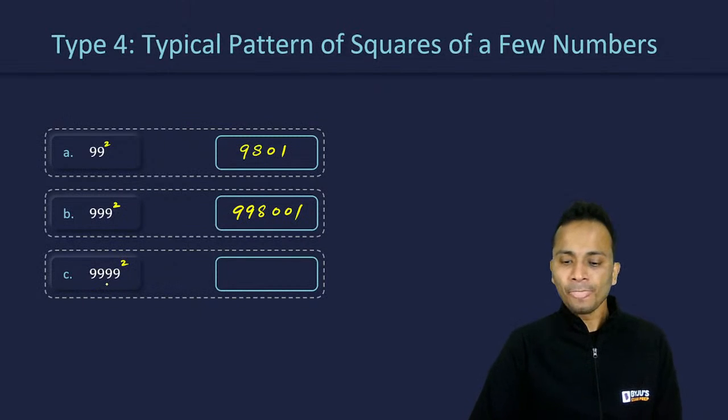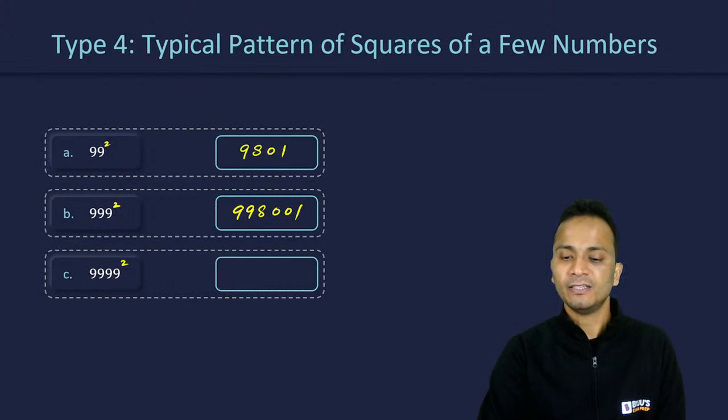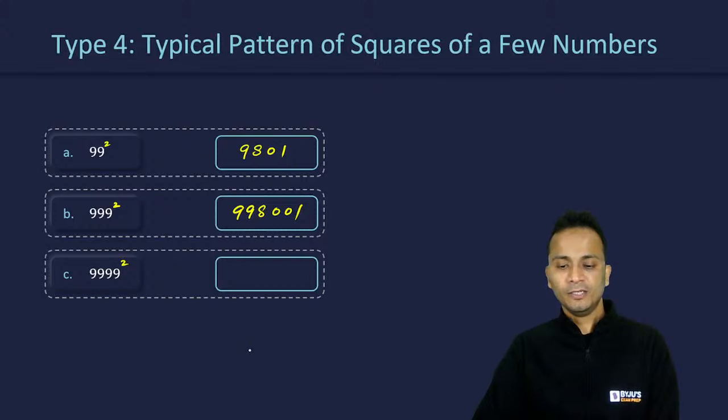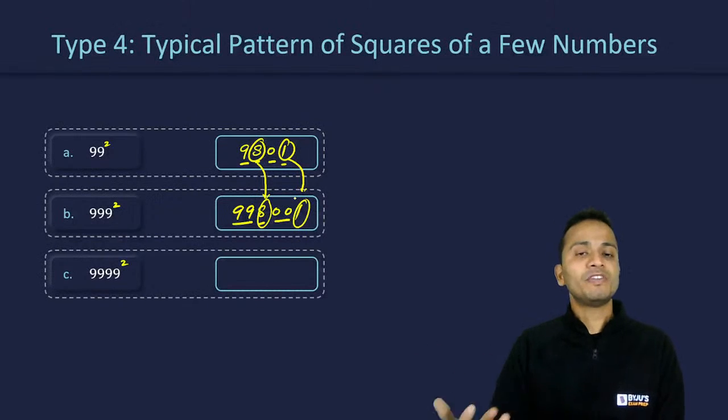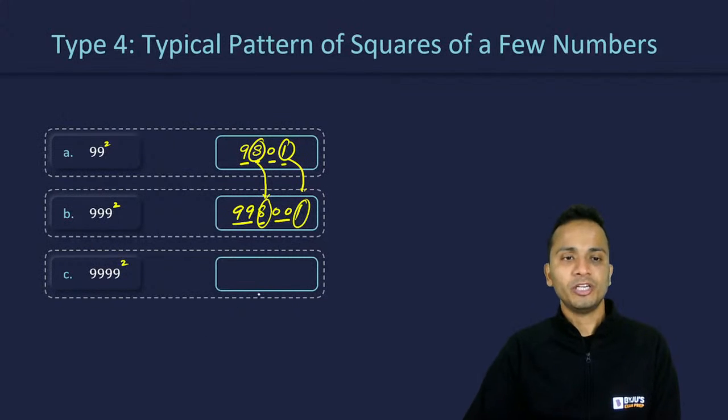So what should be the square of 9999? What will be the square of this number? So 9 was there once, then here 9 appears twice, 8 stays only once, then 0 increases, and 1 stays once. So the 8 stays the same number of times, and 1 also stays the same. The rest is the number of nines and the number of zeros will keep on increasing.